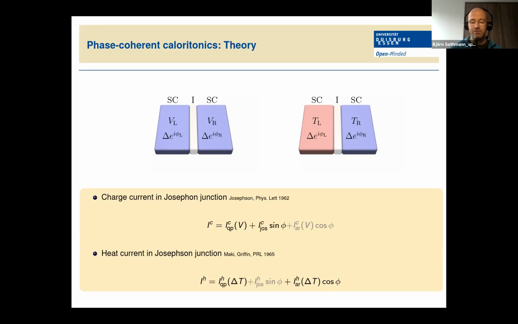Nobody really was interested in their results. The paper basically didn't get cited at all because measuring heat currents is really challenging, as Baum told us in her talk. And so it was only in 2012 that there was the first experimental detection of these phase-dependent heat currents by the group of Francesco Giazotto in Pisa.